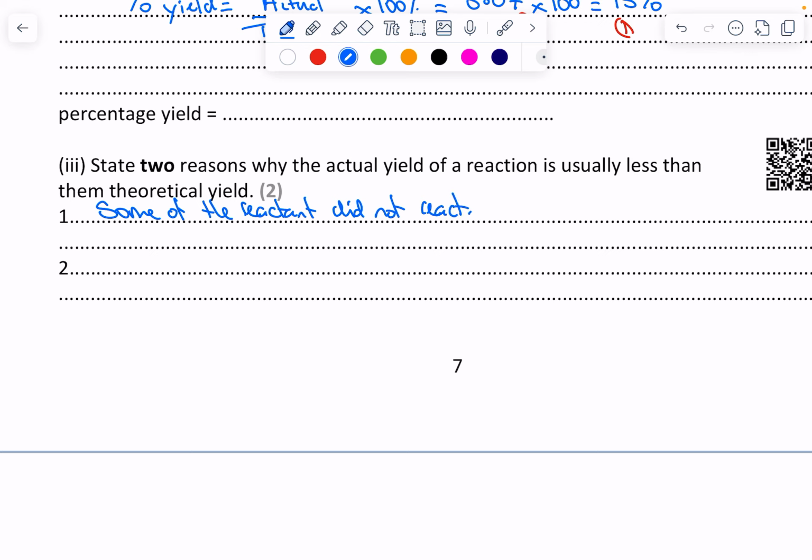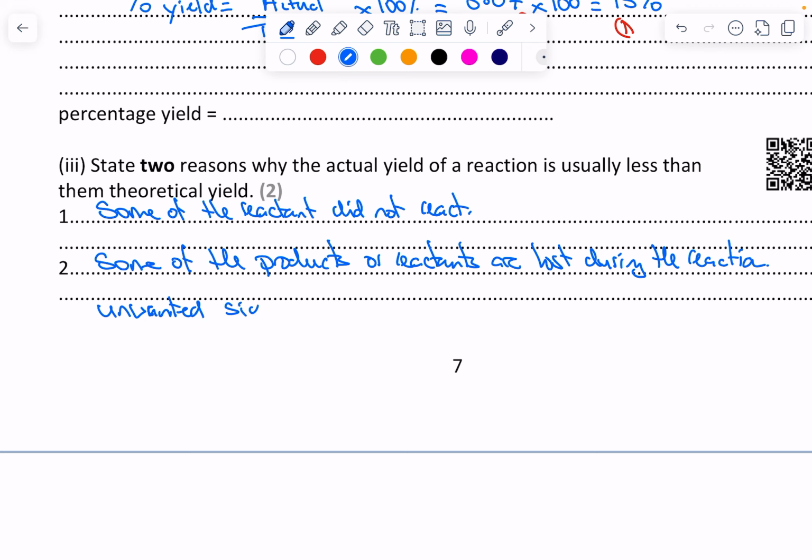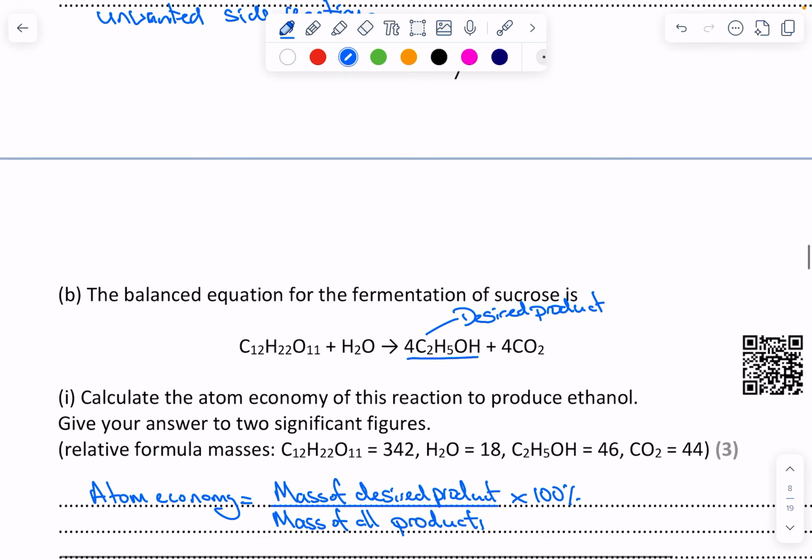Next one down, number 2 is that some of the products or reactants are lost during the reaction. So you could lose chemicals and that would therefore affect the mass. And the final one, the third one you can say, is that you get unwanted side reactions, and that would mean that other chemicals are produced and therefore not the mass of the things you want. Any 2 of those will be fine.